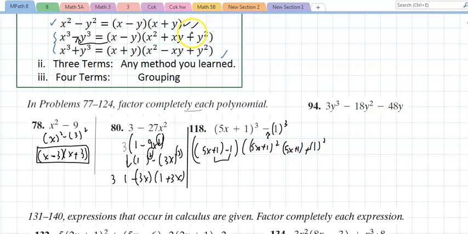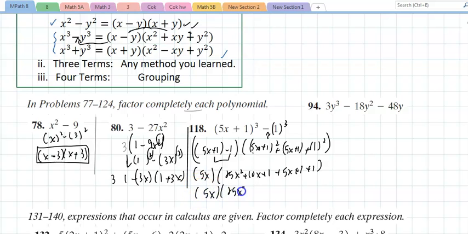This is a positive, and this is always the opposite of that. And if you work this out, this is 5x, and this is 25x squared plus 10x plus 1, plus 5x plus 1 plus 1. This turns out to be 5x times 25x squared plus 15x plus 3.